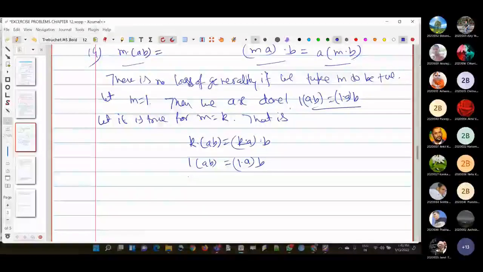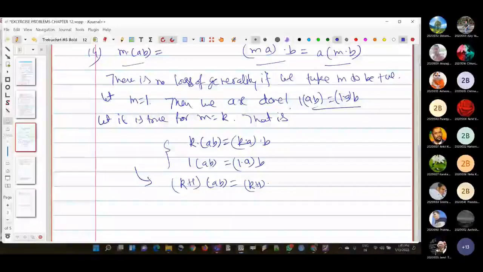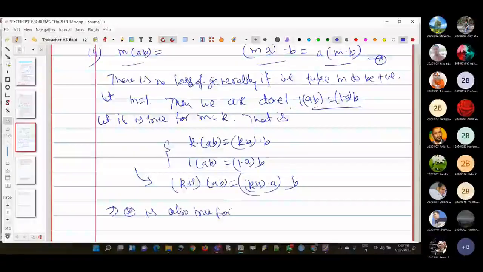Now you can add them side by side. On the left hand side together we get k plus 1 times ab, and on the right hand side we have k plus 1 times a and b. Fine. So this implies that, let us name it star, star is also true for m equals k plus 1.